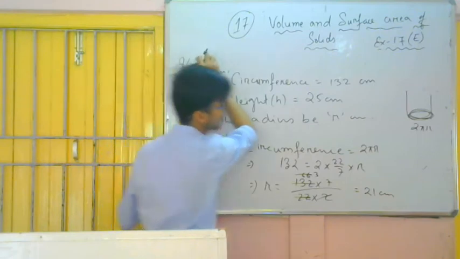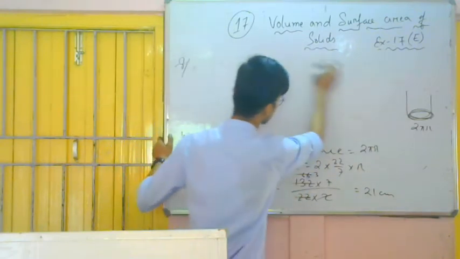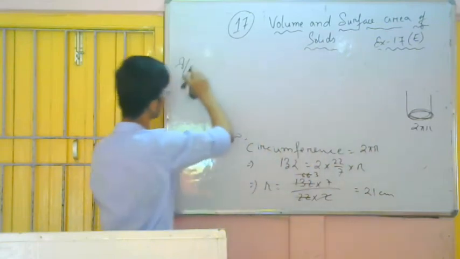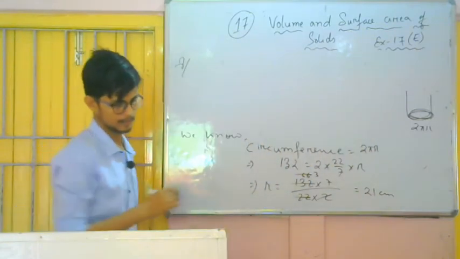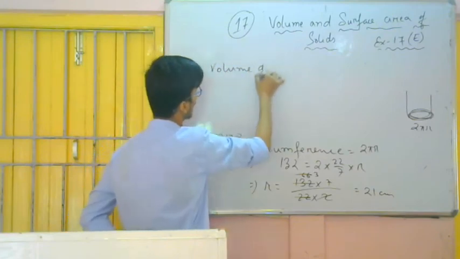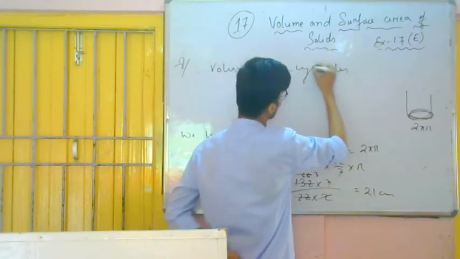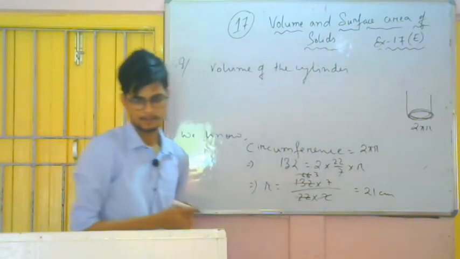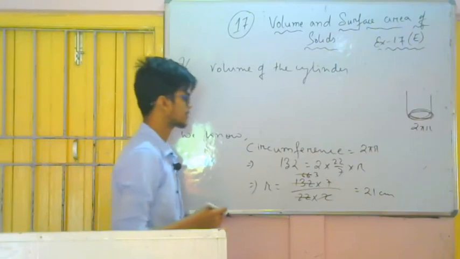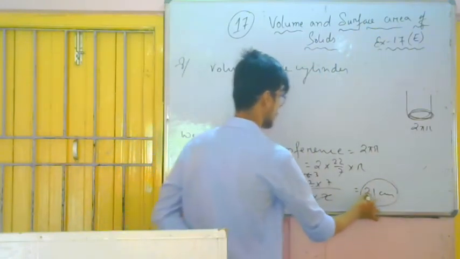Height we know is 25. Therefore the volume of the cylinder, we know the formula, is pi r square h. R we have just found, it is 21.